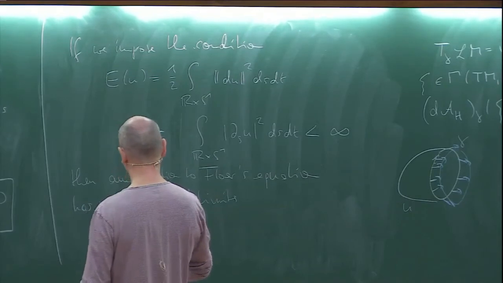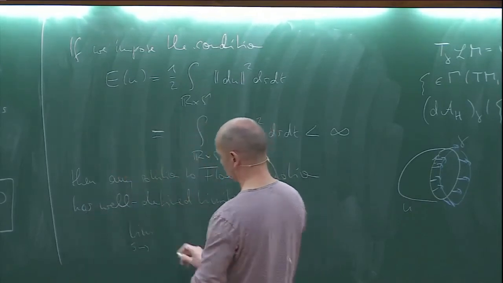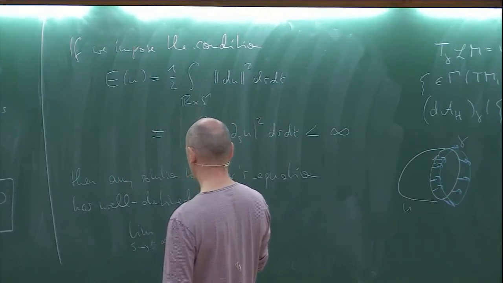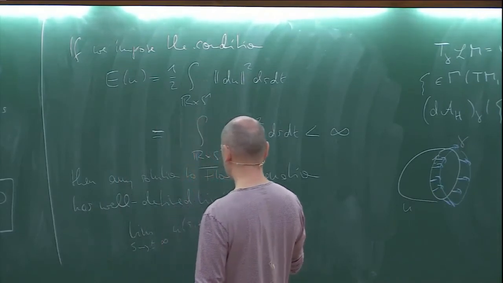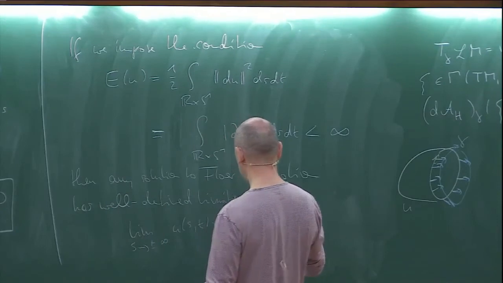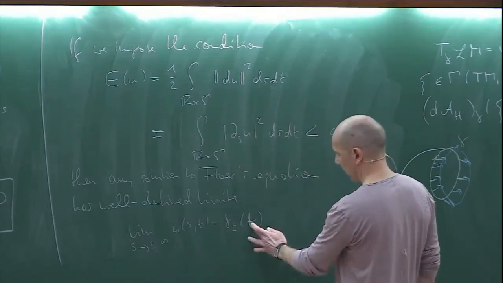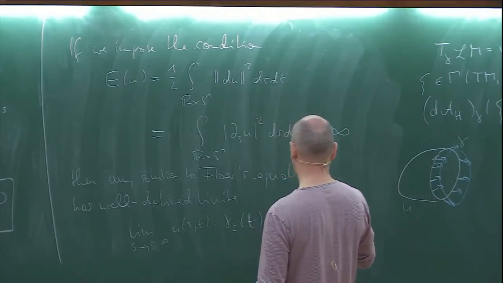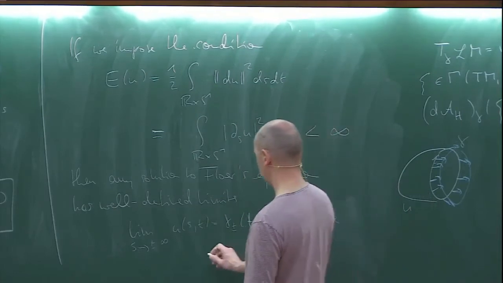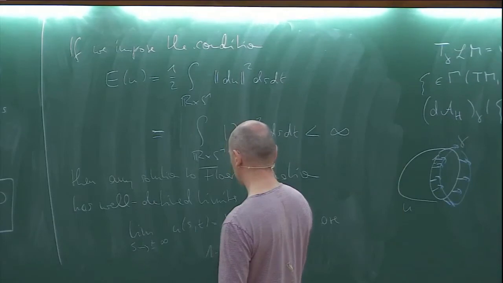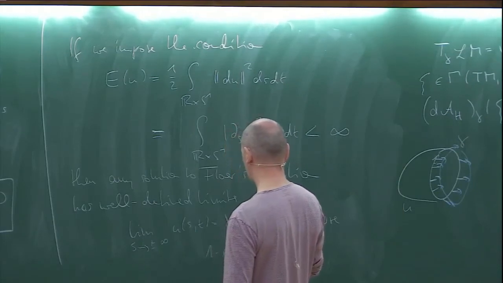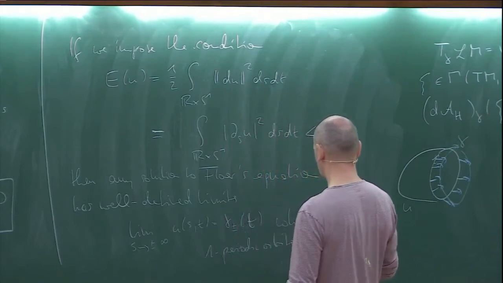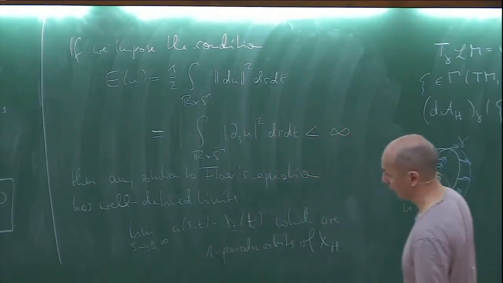If you look at just the arc direction, so if you let S go to plus or minus infinity, then we get gamma plus minus of t, just functions of t, which are one periodic orbits of xh, i.e. critical points for AH.